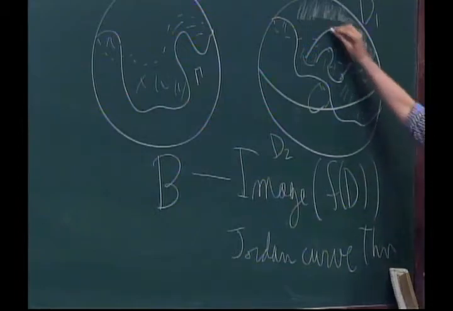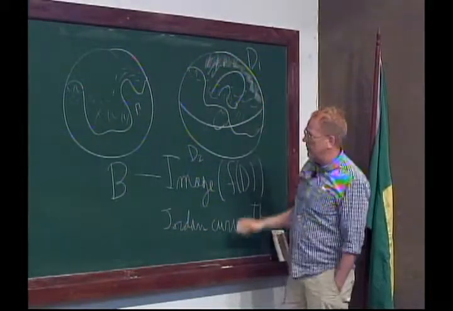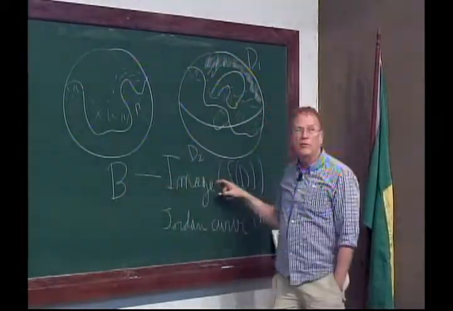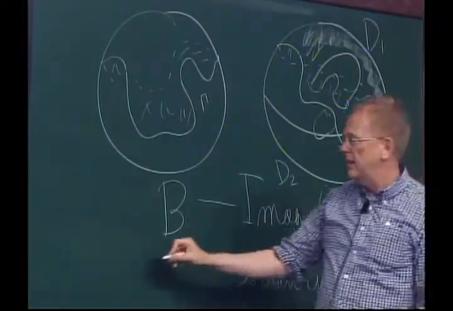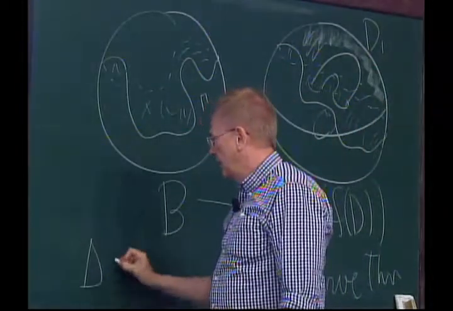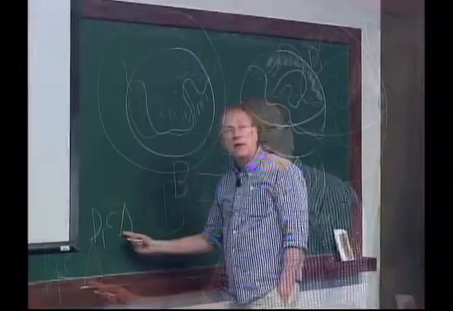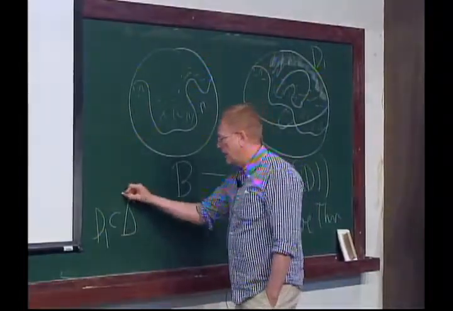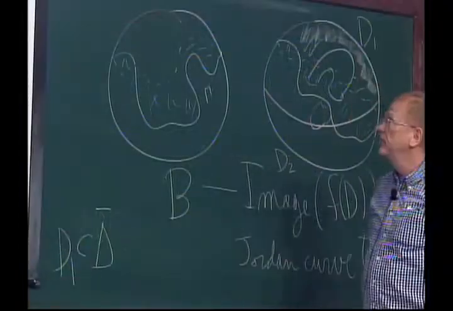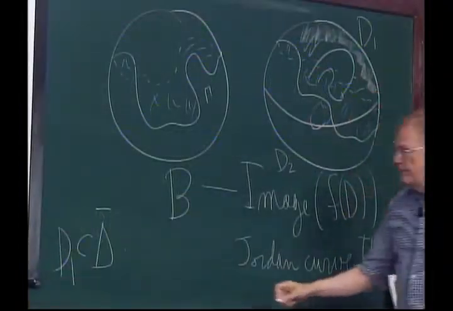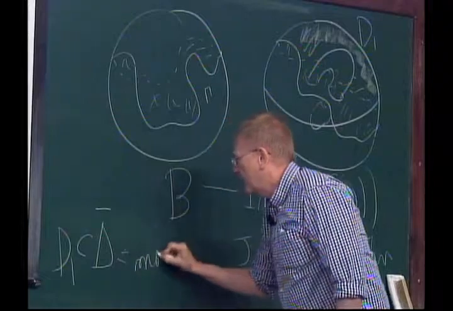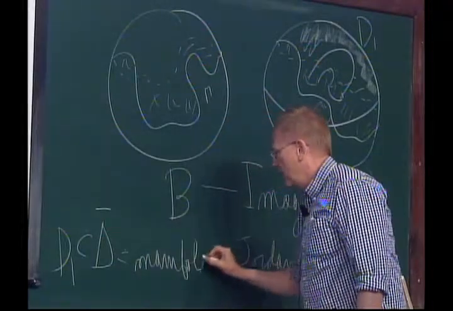If I look at this component, I take the ball, remove this, and take the component delta which has the disk, say D1, in its boundary, and I take the closure of that component, that's a manifold with boundary.